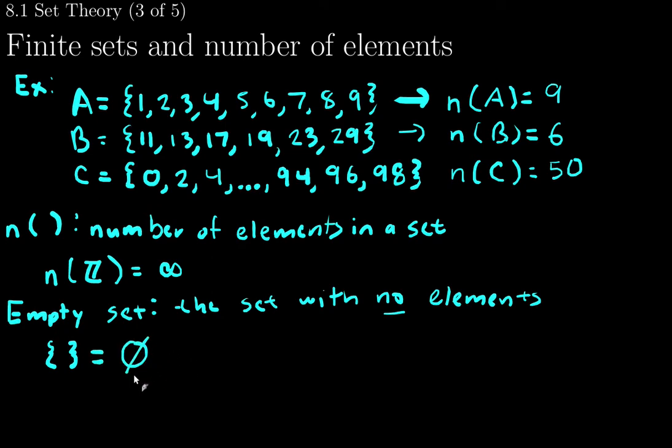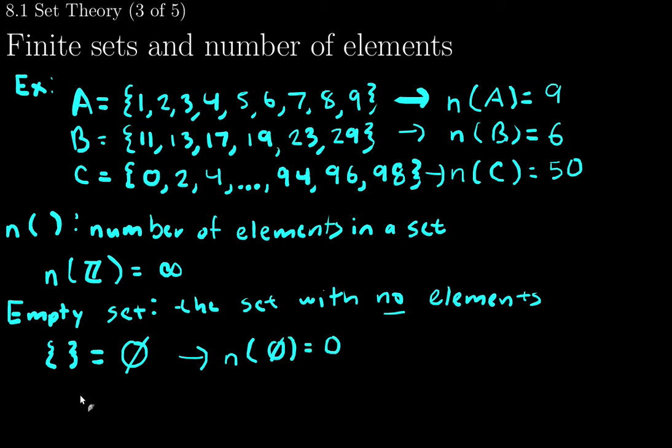You might be used to seeing that notation as no solution. It's actually used because it's showing that the set of solutions is empty. There's nothing in there. And if the set's empty, then we know that the number of elements in that set will be 0.